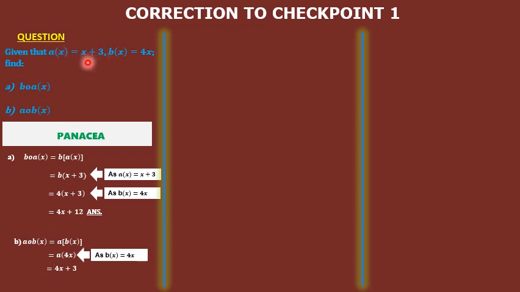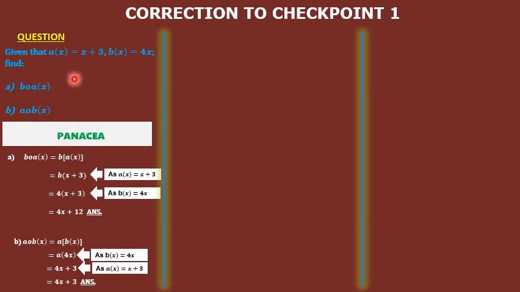So instead of this x, we slot in 4x plus 3. And this cannot be simplified further. So that's how we leave our answer. That is, the answer is 4x plus 3. So that's the final answer to that very question, and that answers the last checkpoint I gave you.